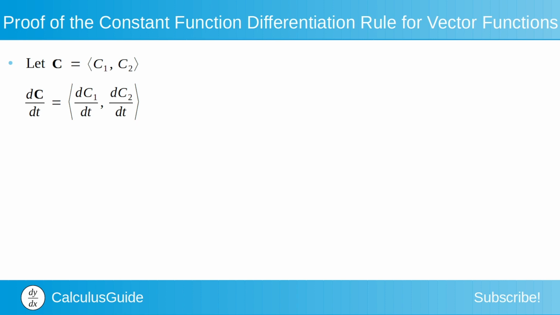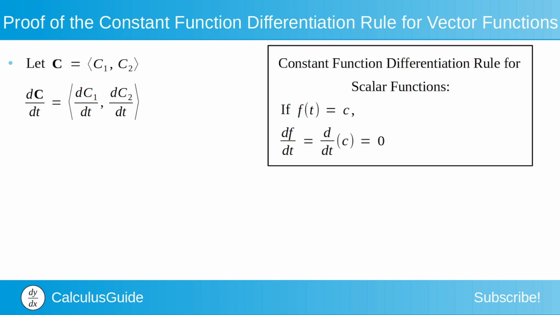We can calculate the derivative of c1 with respect to t and the derivative of c2 with respect to t using the constant function differentiation rule for scalar functions. This rule is now shown to the right.